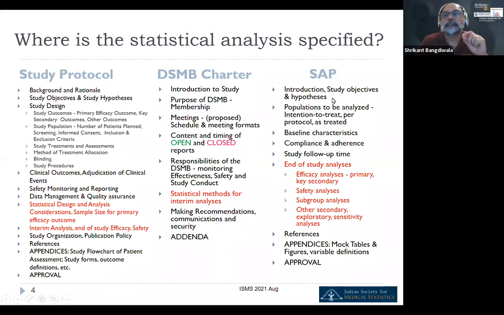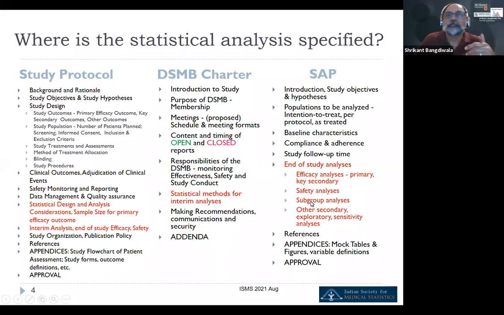Before the end of the study, we have what's called a statistical analysis plan, or the SAP. And this is the place that has the end of the study detailed description of what is going to be done for the efficacy, for primary, for key secondary. It talks about the safety analysis.